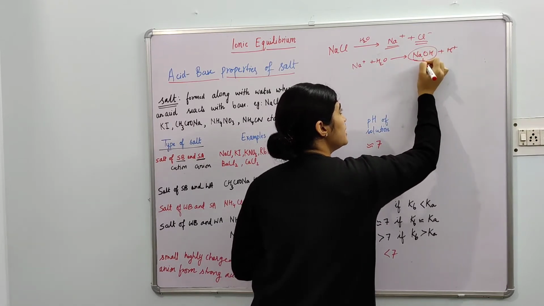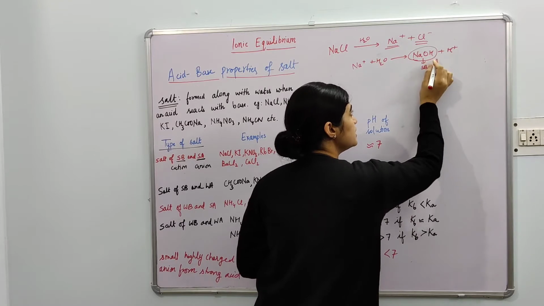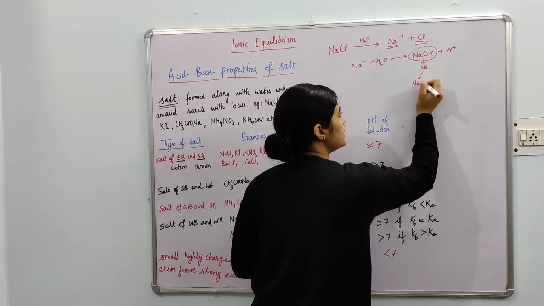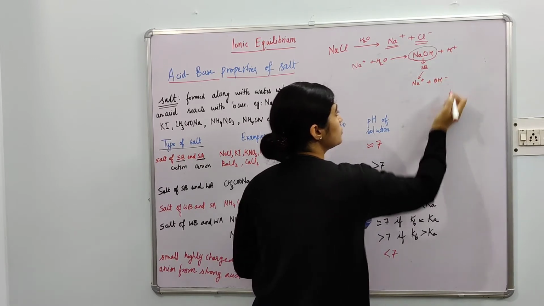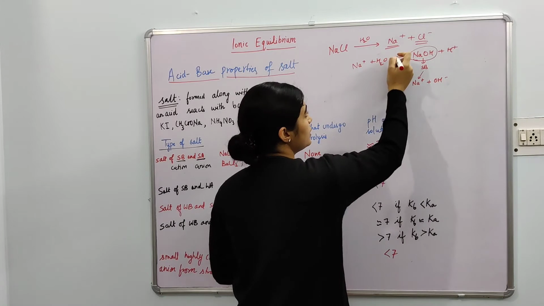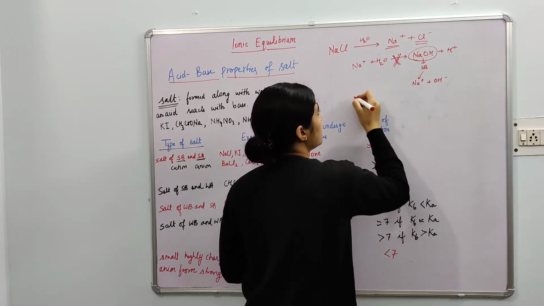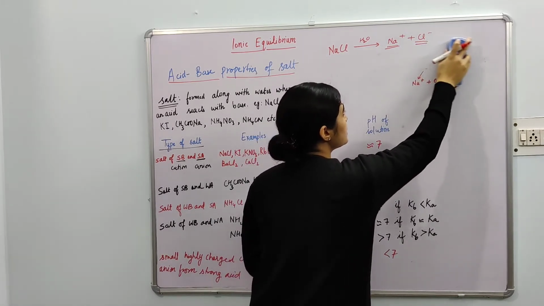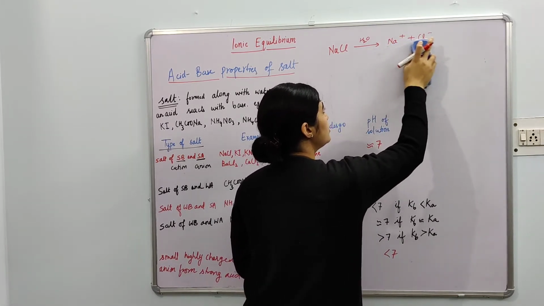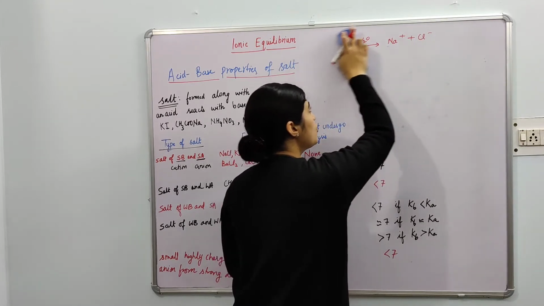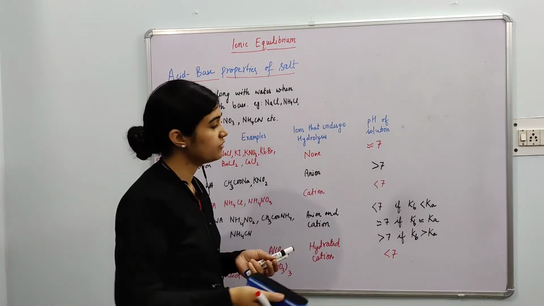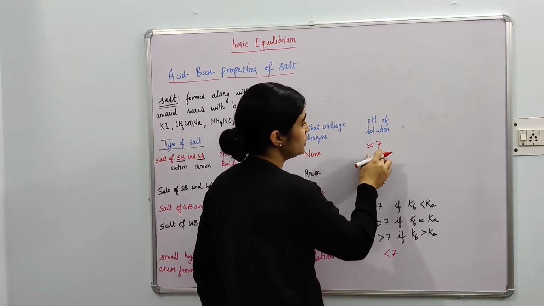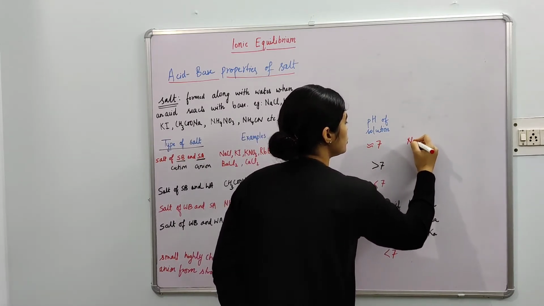Again, it's a strong base, so it cannot be present in the form of a molecule. It will be present in the form of its ions. So this reaction will not happen. Similarly, Cl negative we have already discussed. So these ions will not undergo hydrolysis. So no more H positive or OH negative is being formed. So the pH of the solution will be nearly equal to 7, or you can say neutral.